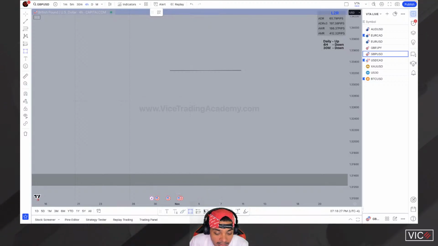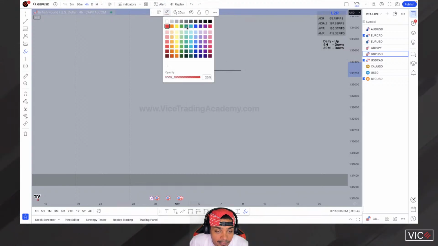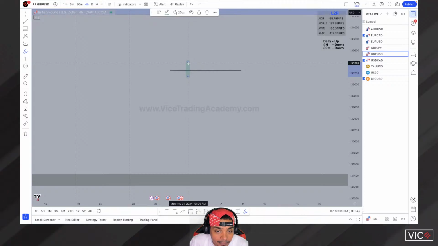The first thing is, let's say price went up. Let's make this green. Price went up, right? And then the next candle, price went up. Sorry about that.